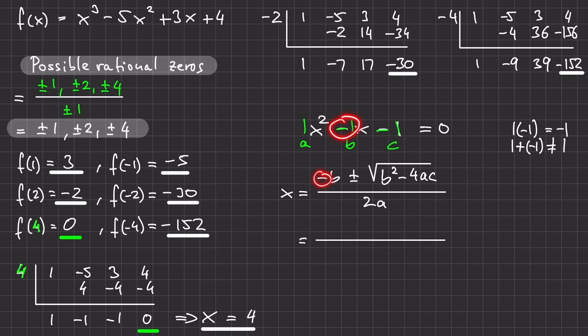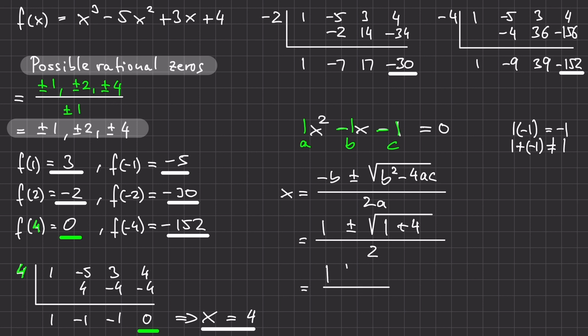The negative of negative 1 is 1. Negative 1 squared is 1. Negative 4 times 1 times negative 1 is positive 4. And 2 times 1 is 2.